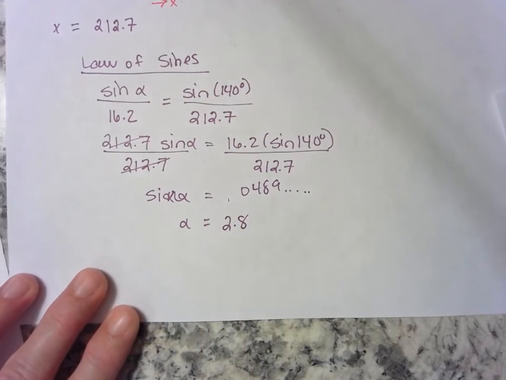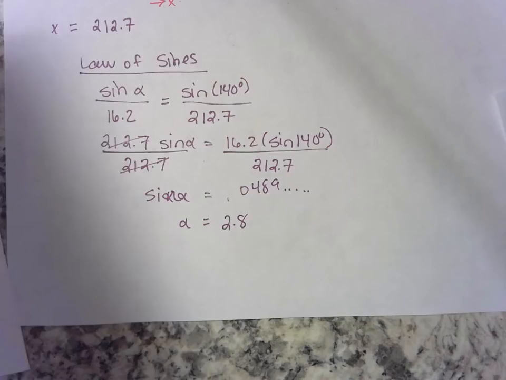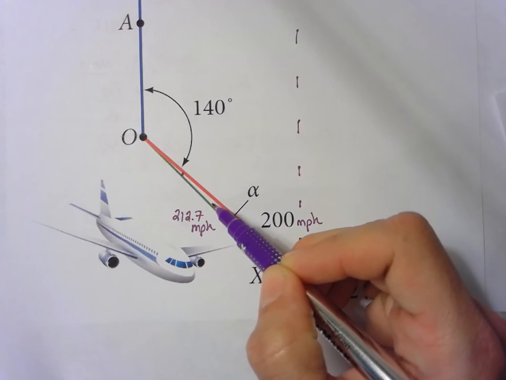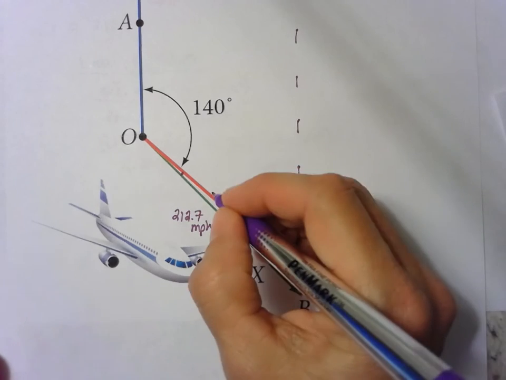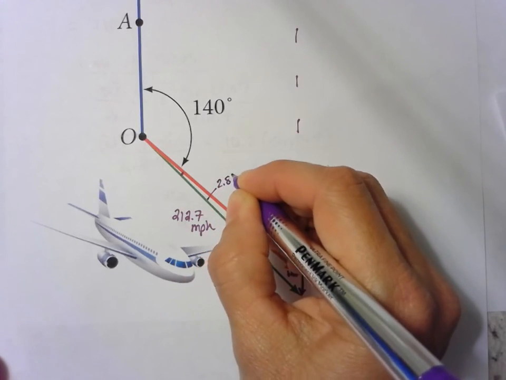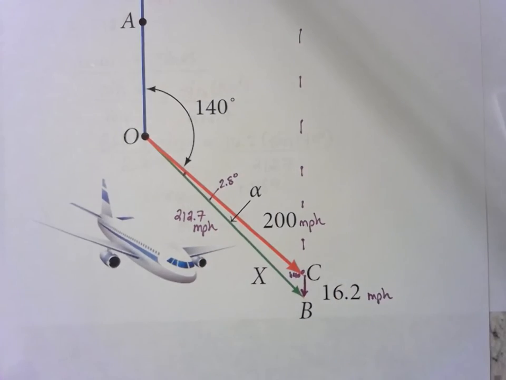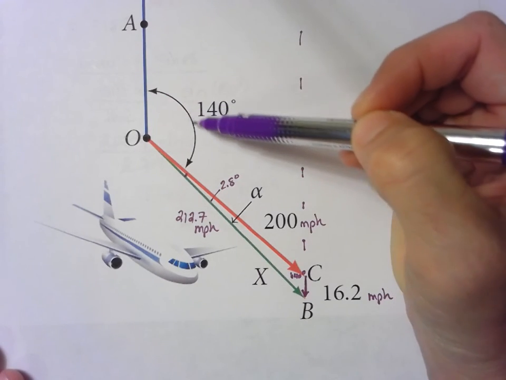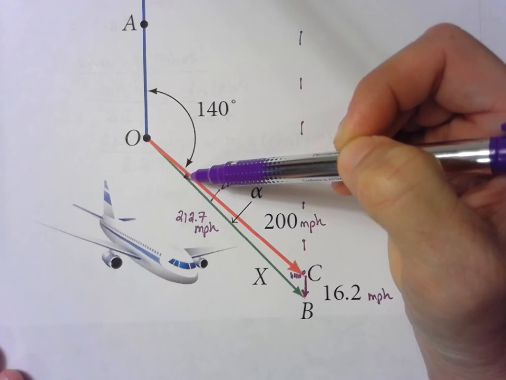Now, what were we looking for just now? We're looking for this tiny little angle right here. That tiny little angle is 2.8 degrees, right? They want to know this bearing. So wouldn't it be the 140 plus those 2.8 degrees?